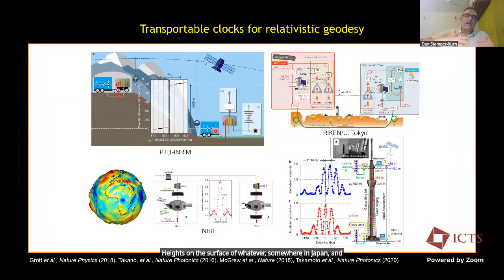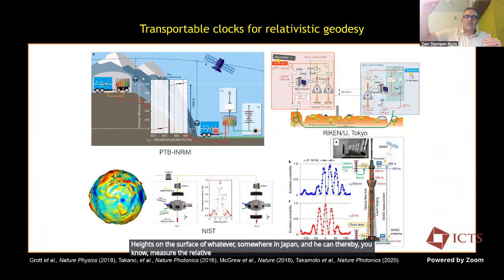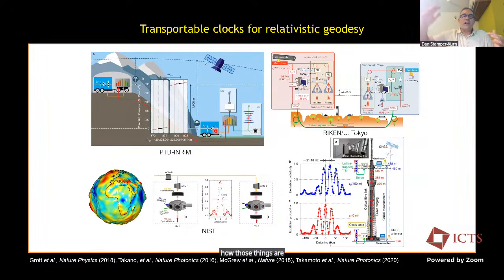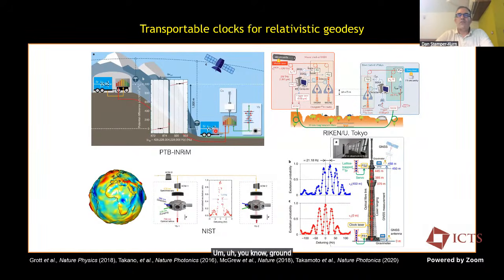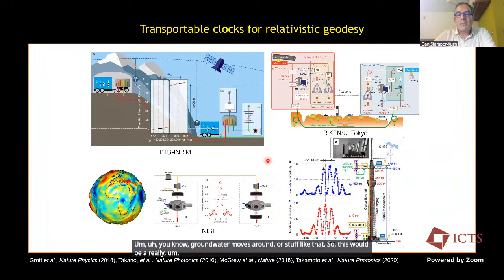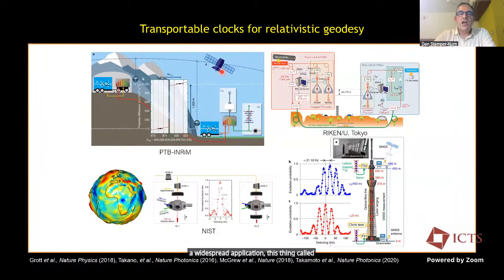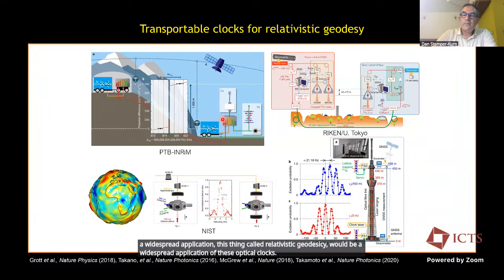He can thereby measure the relative heights of two locations and even see how those things are changing as plate tectonics happens or as groundwater moves around. This thing called relativistic geodesy would be a widespread application of these optical clocks.